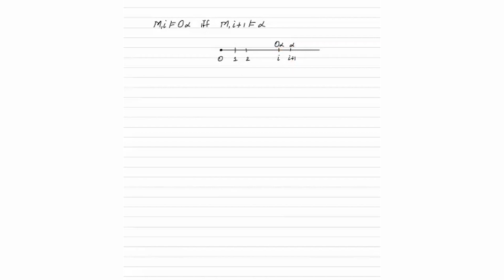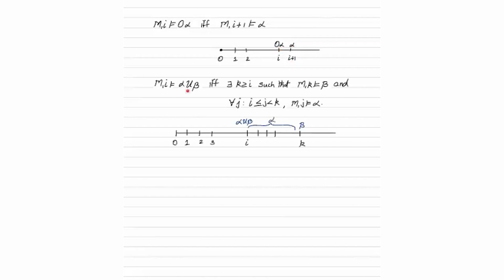What about this notion of until? Alpha until beta holds at instant I if there exists some point in the future where beta holds and everywhere in between alpha holds.